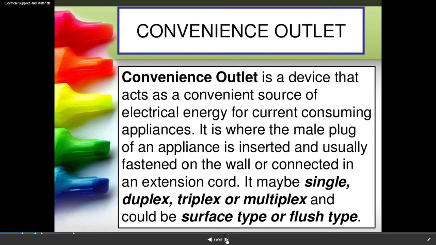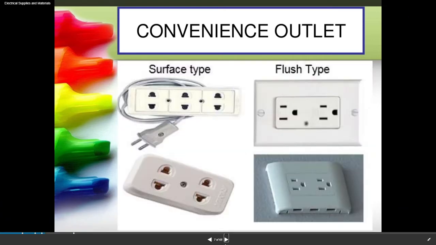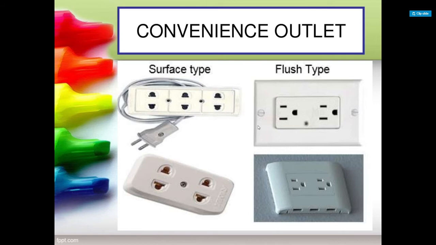So what is the difference between a surface type and a flush type convenience outlet? A flush type is usually used for concealed wiring, meaning you only see the surface of that outlet but you don't see its whole body.